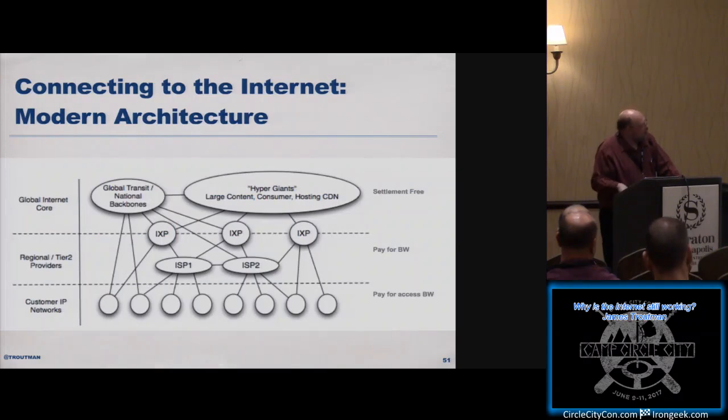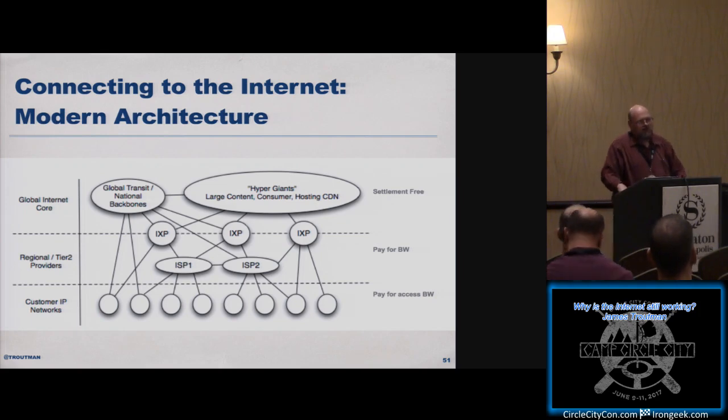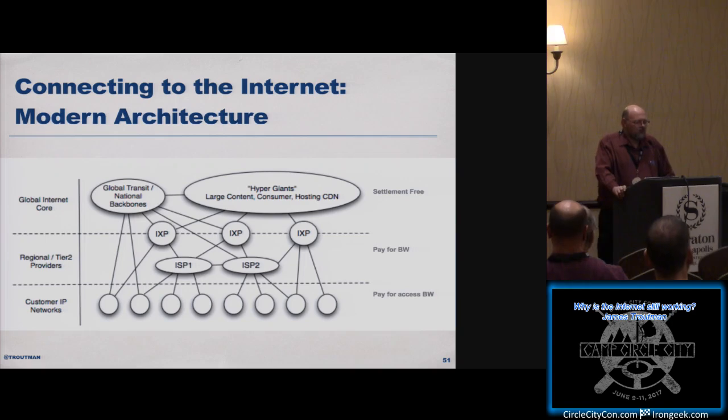So the modern internet looks a lot more like this. You have these huge companies like Facebook, Google, and Microsoft that are responsible for so many of the bits that people use. They're the giant destinations on the internet.